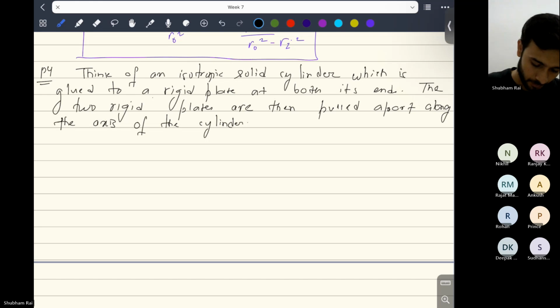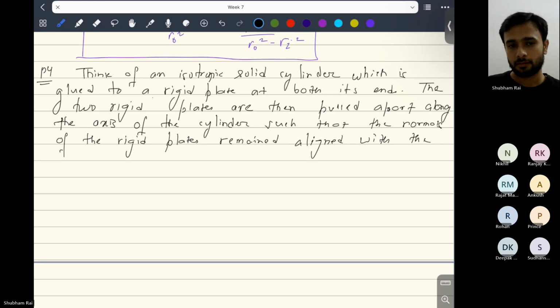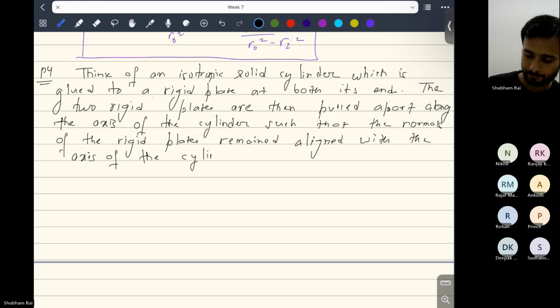It is pulled such that the normals of the rigid plates remain aligned with the axis of the cylinder.